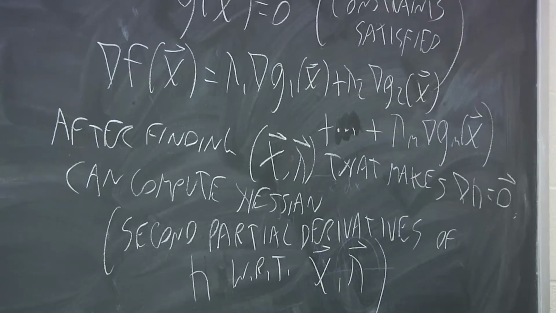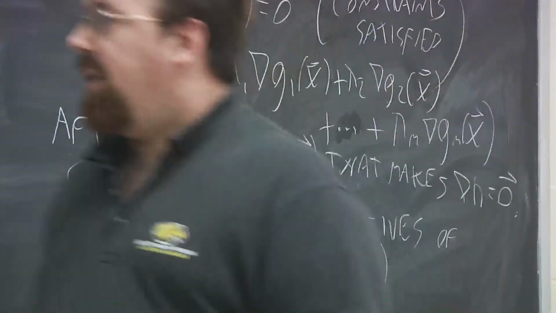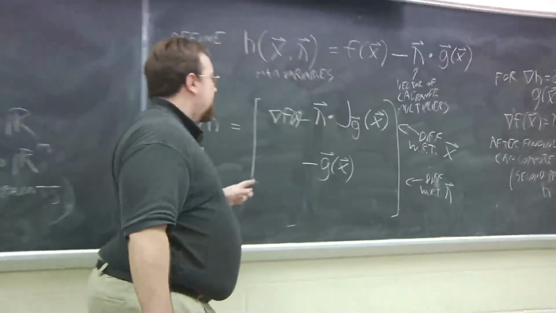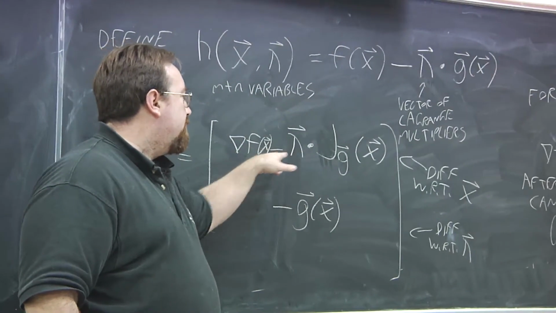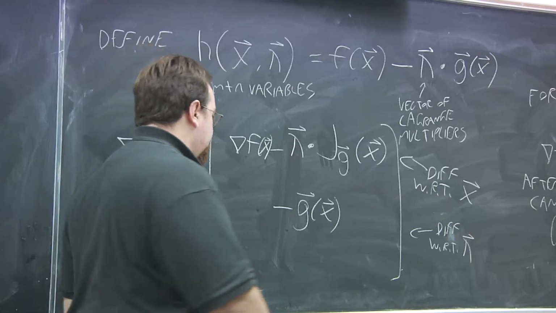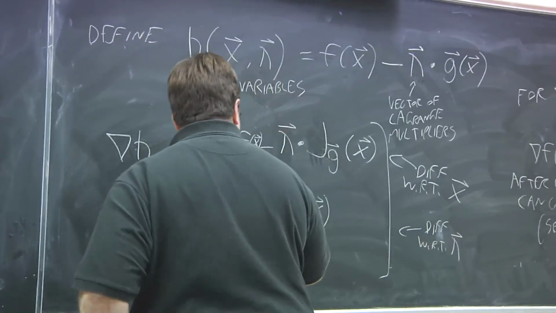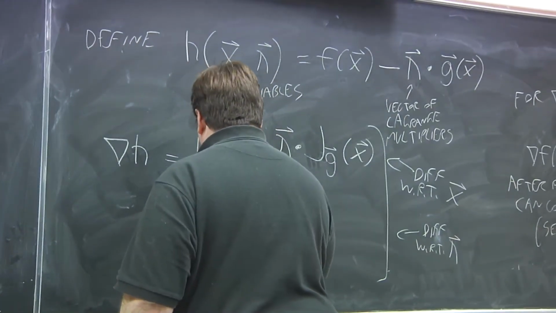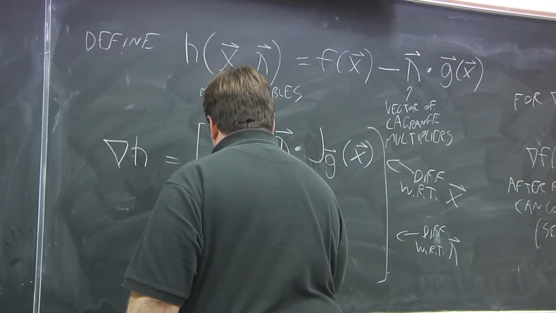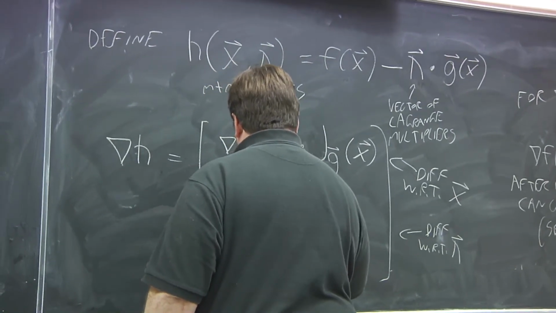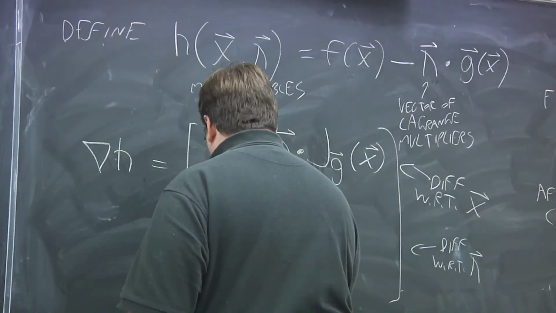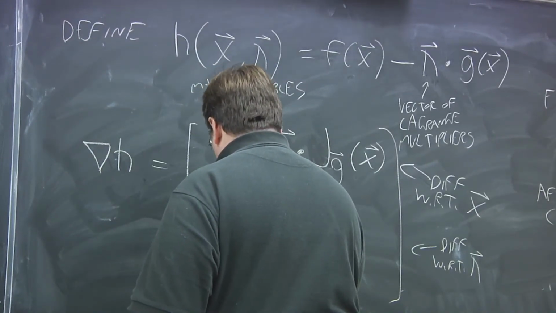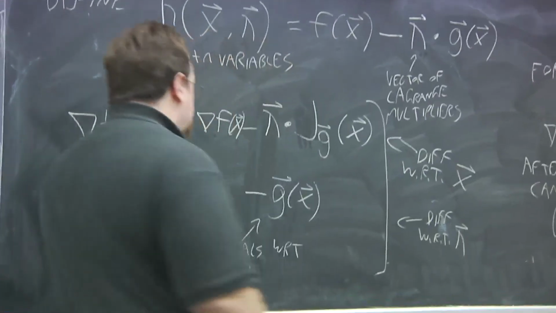However, one thing that helps you is if you're going to be taking partial derivatives of all of this with respect to the x variables and the lambda variables, well, here we just have g of x. So these second partials with respect to the lambda variables are going to be equal to 0.